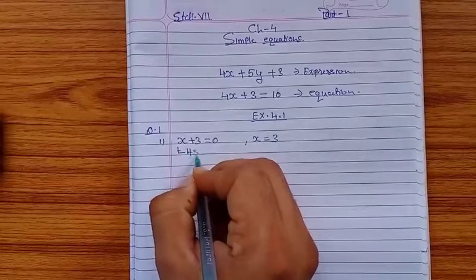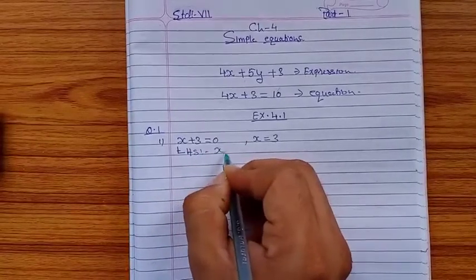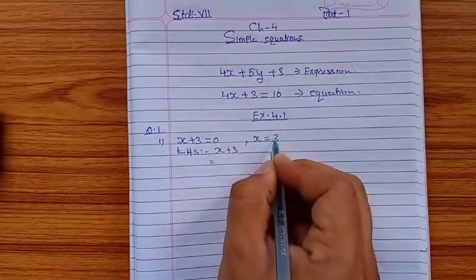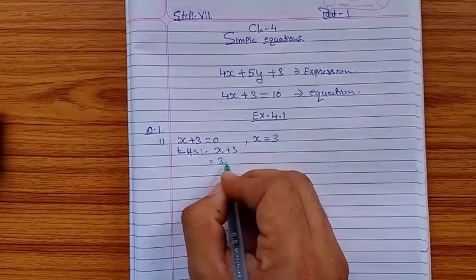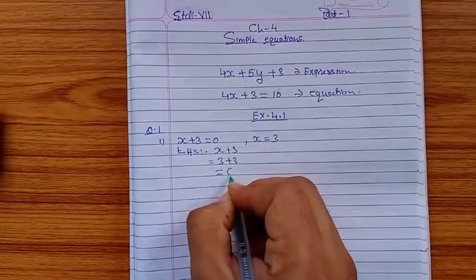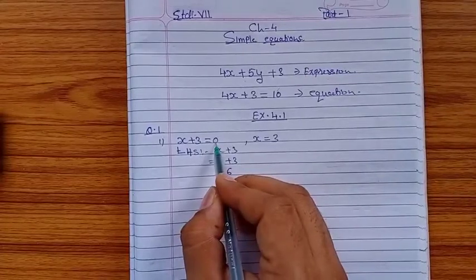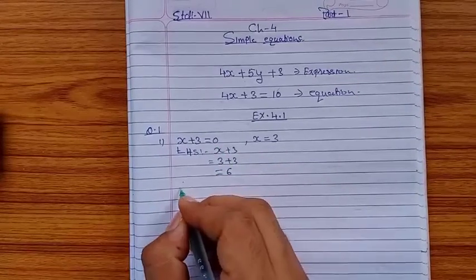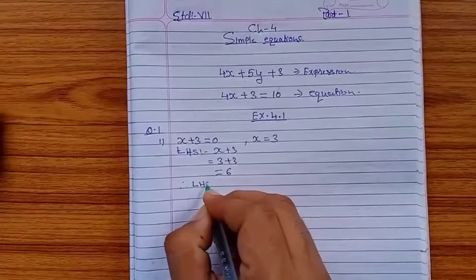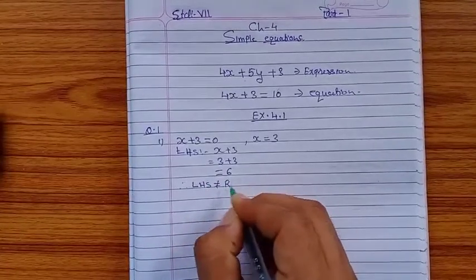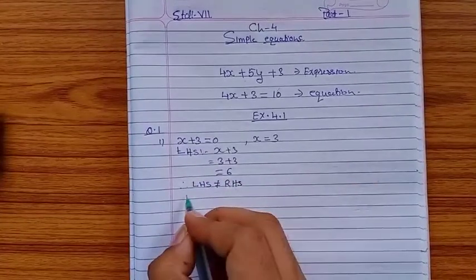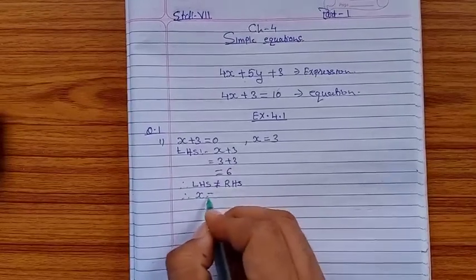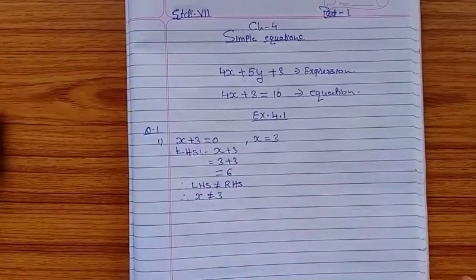Okay, let us divide it into LHS and RHS. So LHS is x plus 3, so we will put the value of x is equal to 3 plus 3, that comes to 6, but RHS is what? 0. LHS is not equal to RHS and therefore x is not equal to 3.